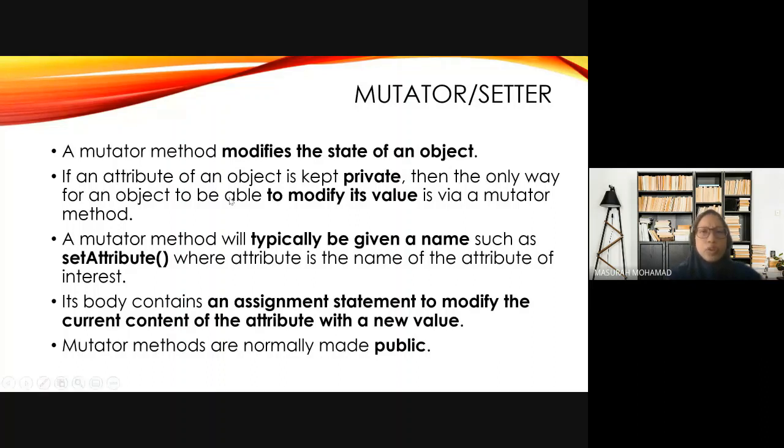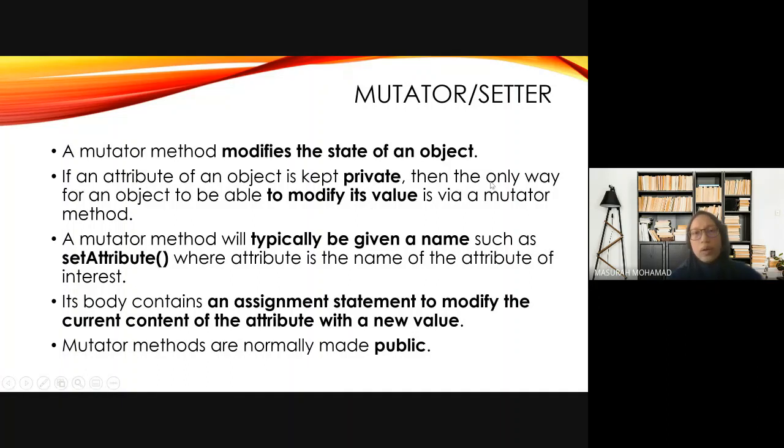Okay. So, kenapa nak kena pakai mutator? If an attribute of an object is kept private. Tadi just now, kan, we declare the variable as private, right? So, how we want to give the new value or modify a new value to the variable? So, we need to use mutator.